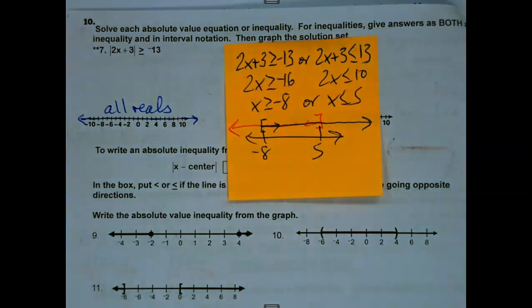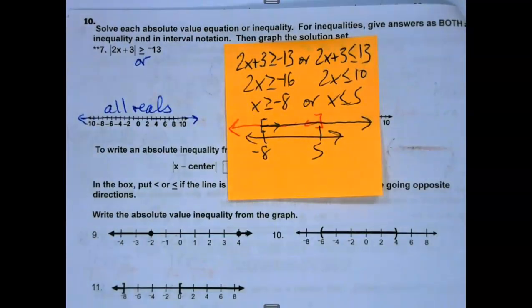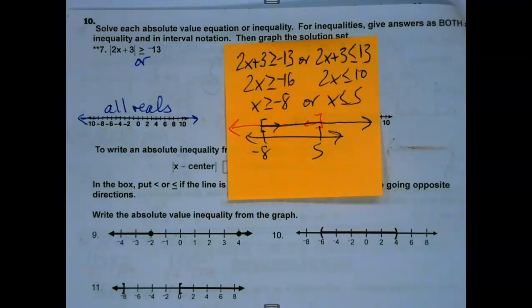The only reason with ands we stop is because ands only want what's in common, which is in between the two endpoints. Ors don't. So by knowing on this one that it's an or, that's going to make all the difference in the world. Because now when I do my graphing and it comes together in the middle, I'm like, nope, got to be inclusive.